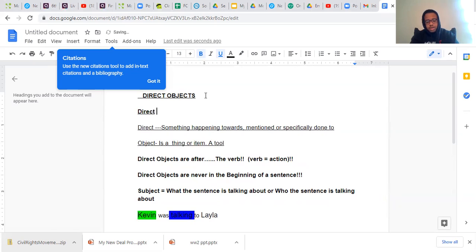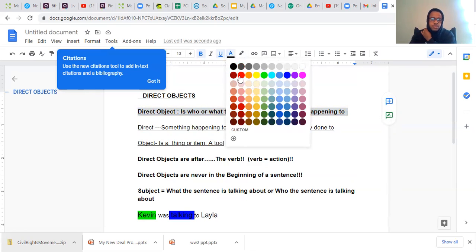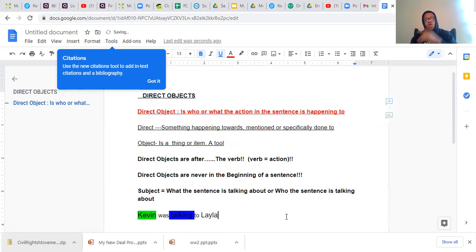Direct object is who or what the action in the sentence is happening to. Some red text color on this. Direct object is who or what the action in a sentence is happening to.